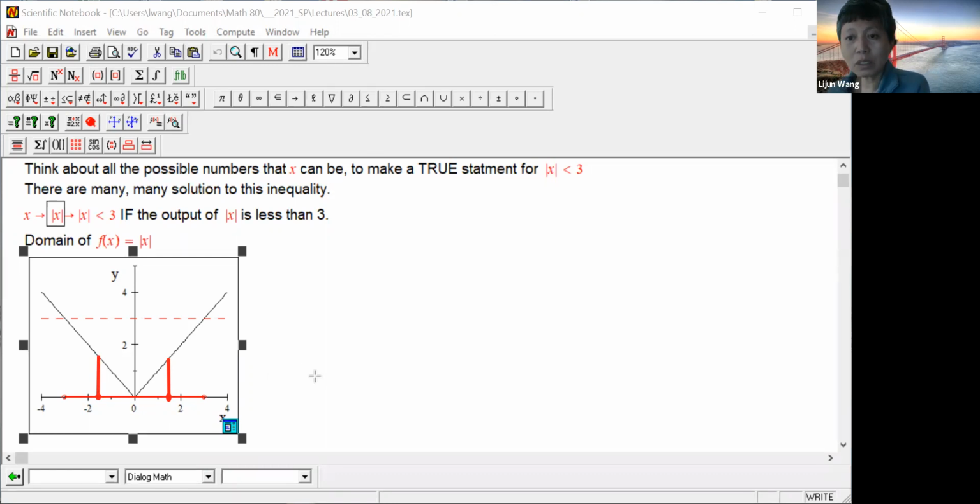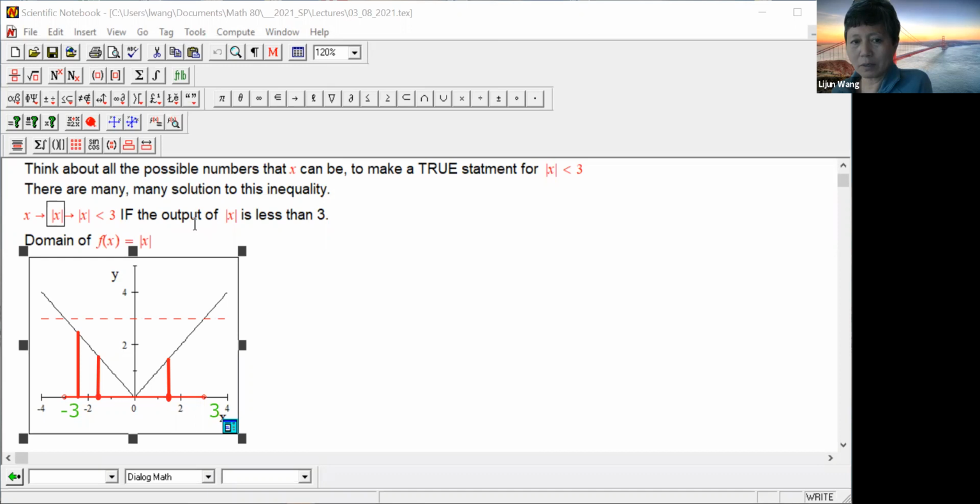We want all the inputs such that the output is less than 3. So we have many such dots, and all of these dots are between -3 and +3. So let me mark it here. This is -3, and this is +3. All the points between -3 and +3 are the solutions.